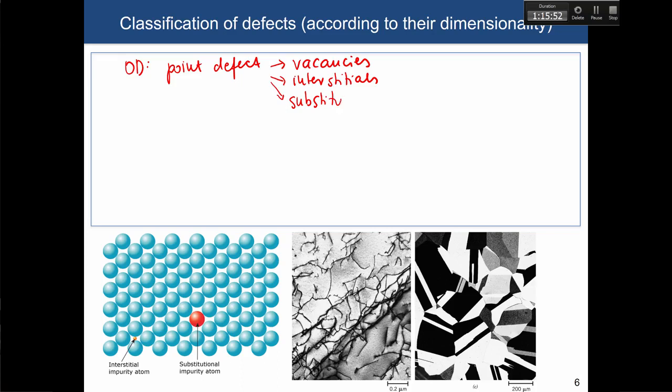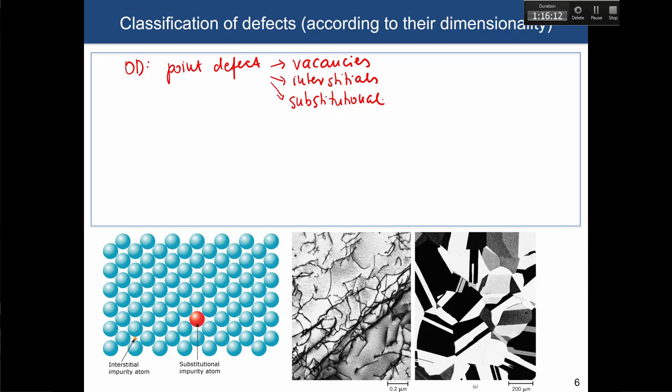What that means is that if you have a matrix, let's say again iron, and you replace one of these atoms in the crystalline structure with another type of atom, this would be called a substitutional atom. They are all considered to be point defects because we are talking about individual atoms that we are either removing or replacing or introducing into the existing matrix.